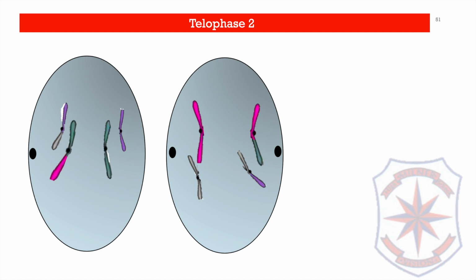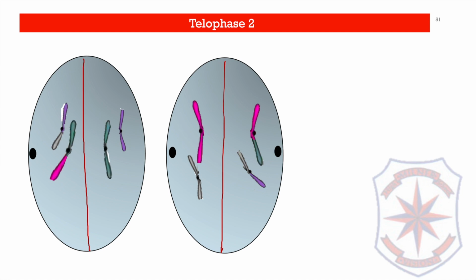Now, this is where we are at the moment. As you can see, there we go. Each cell has 2 chromatids, each at the opposite poles of the cell. All right?